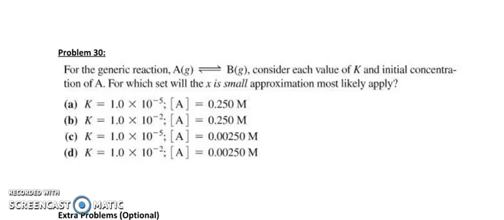Okie dokes. So I'm looking for a value of K around 10 to the negative fifth, so that's A or C, and based on the one that we just did before, which is more likely to work out, a high initial concentration or a low initial concentration? Hopefully you remembered it was the high one, so A is going to be your answer.